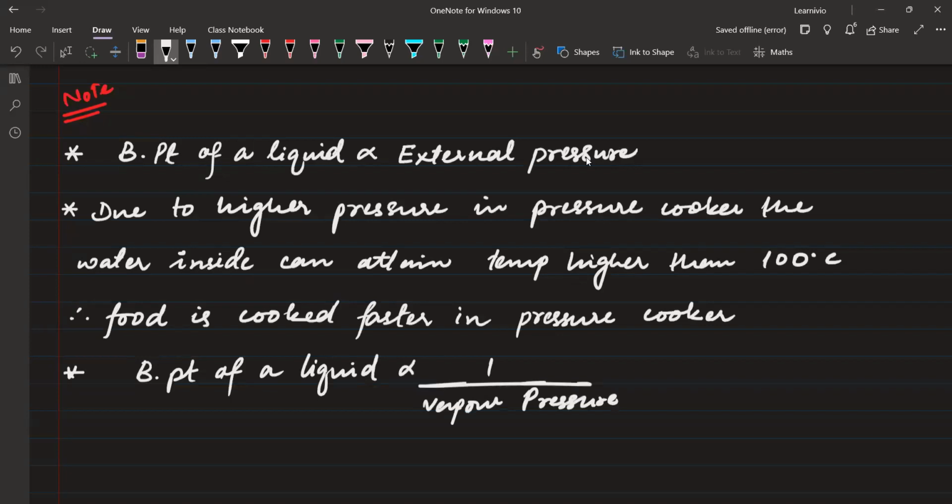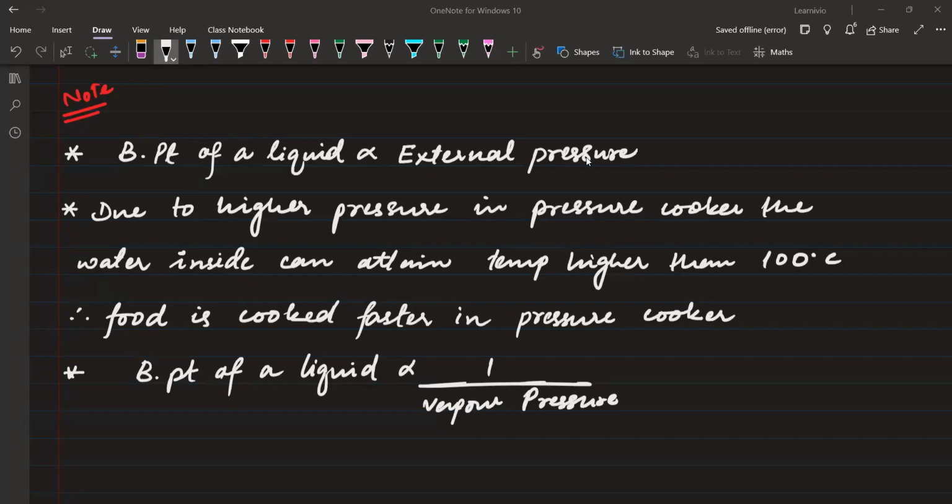If the vapor pressure of a certain liquid is very low at room temperature, 25 degrees Celsius, then when you start to heat it, we have to increase the vapor pressure and take it to 1 atm. Then only it will start boiling. So if the vapor pressure is already very low, we will have to heat a lot and the temperature at which it will reach 1 atm will be higher.